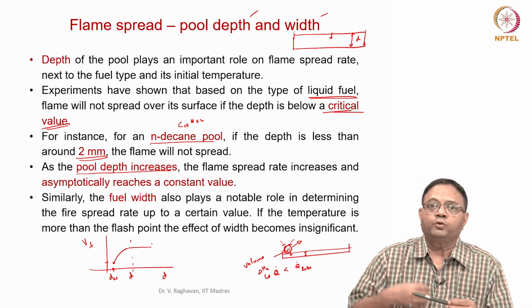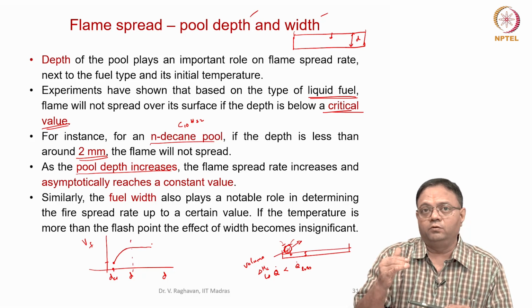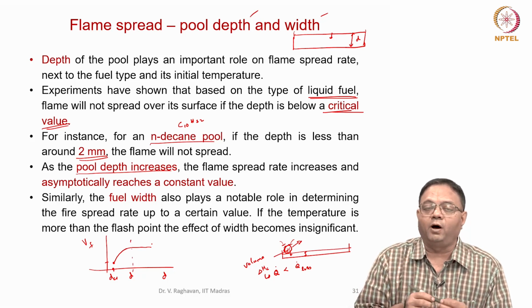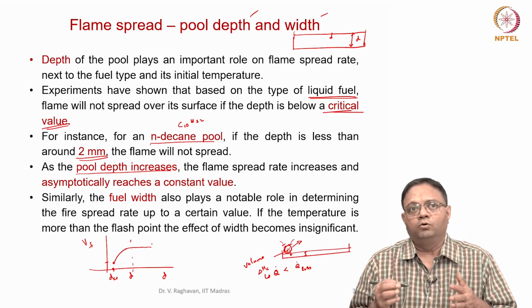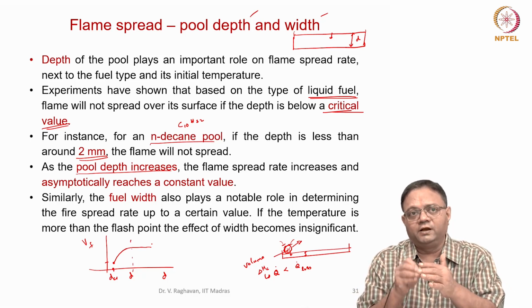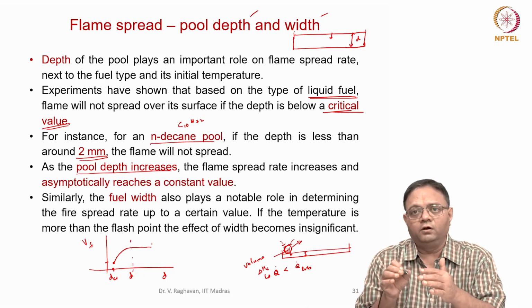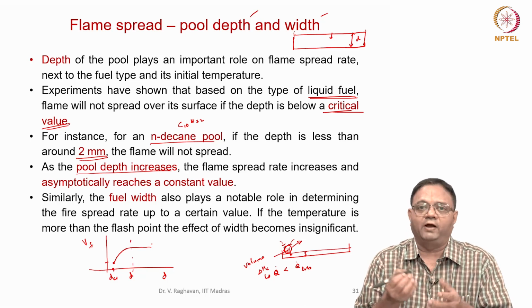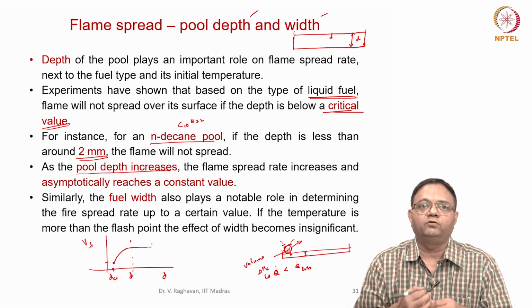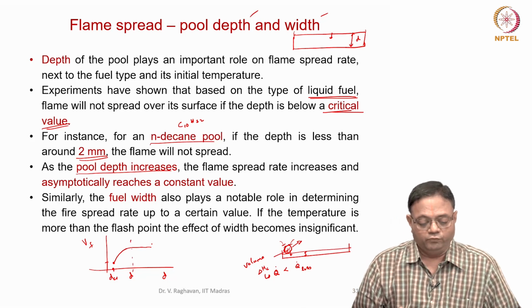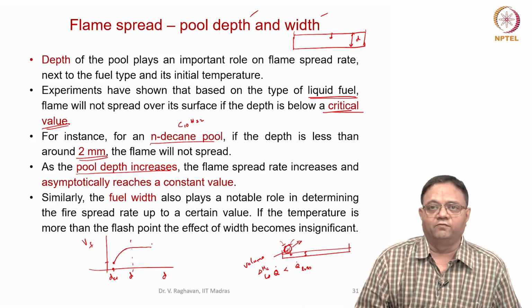That means, as I told you, the liquid fuel evaporation is mass transfer dependent. So when the flame is formed, it is heating the fuel surface to the fire point, which will produce enough vapor to sustain the flame, and the flame moves. So more heat is not required basically.